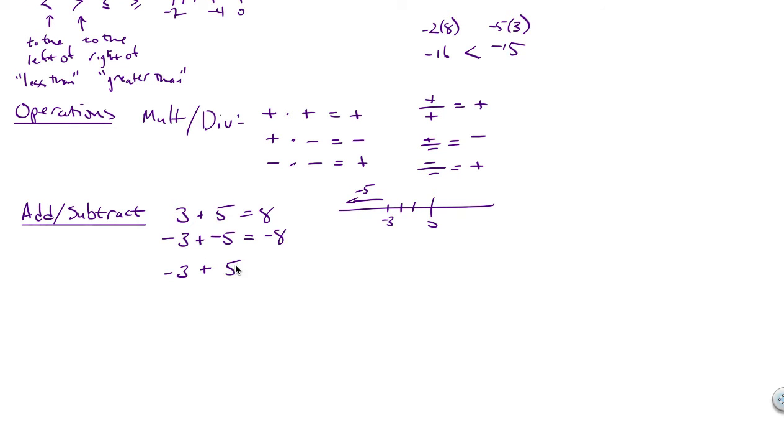-3 plus 5, or 3 plus -5. It matters which one is bigger here. Think of these two numbers as having a little tug of war. In this case, you've got -3, and you're going to add 5 to it, which means you're going to go 5 in this direction. 3, 2, 1, 0.